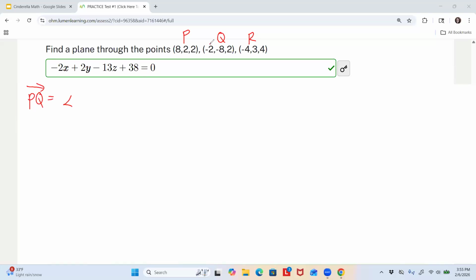So you do second x minus first, so that's going to be negative 2 minus 8. Second y minus first. And second z minus first. So that's going to be negative 10, 0. That is PQ. And now I'll kind of do the same thing, but do PR. Let me get a different color.